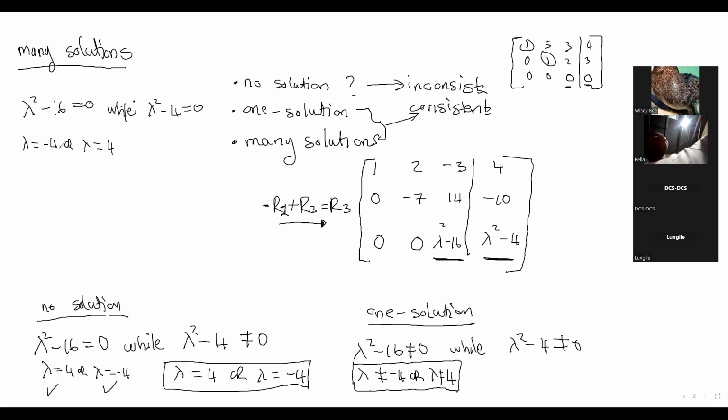Then we check which one works here for this one, because both conditions must be true. I take minus 4, I plug it in here. Do I get a 0? No. That means this is not valid.